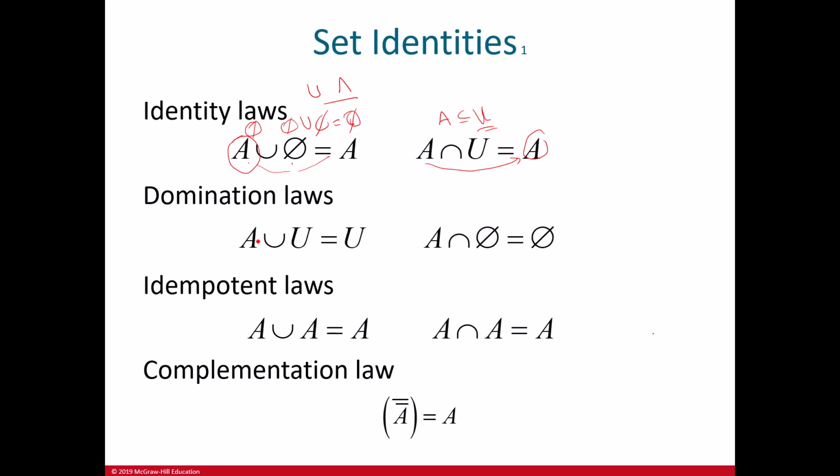Domination law says that if you have any set and its respective universe, then the union is going to give me just U, all right? And again, the reason for that is we know that when we get the union of two sets, repetition is not allowed.